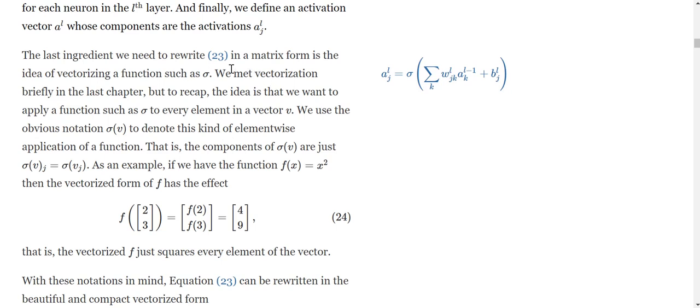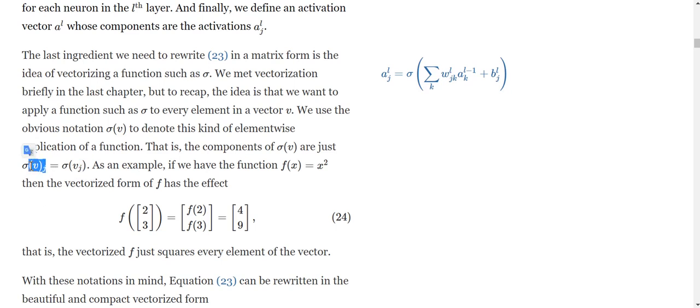is the idea of vectorizing a function such as sigmoid. We met vectorization briefly in the last chapter, but to recap, the idea is that we want to apply a function such as sigmoid to every element in a vector v. We use the obvious notation sigmoid(v) to denote this element-wise application of a function. That is, the components of sigmoid(v) are just sigmoid(v_j), the sigmoid of the jth entry.